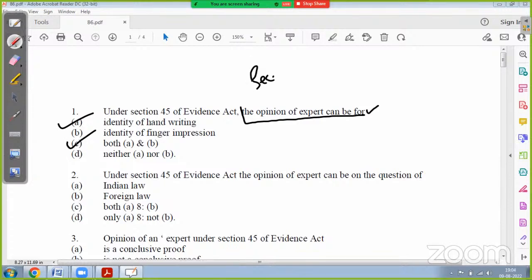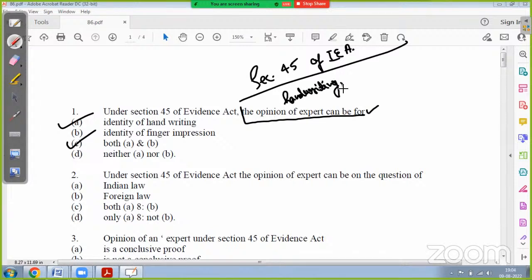Now, if you will read section 45 of Indian Evidence Act, it simply states that the opinion of the expert can be given on handwriting, finger impression, on any science question, art question.